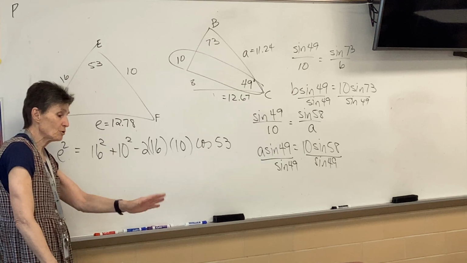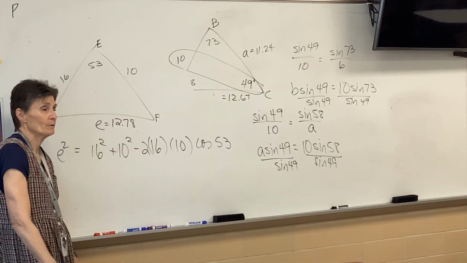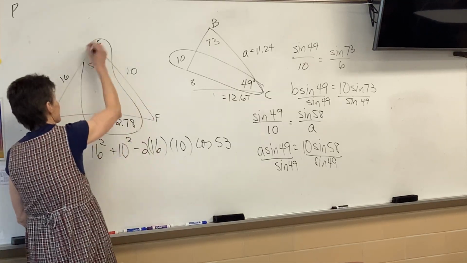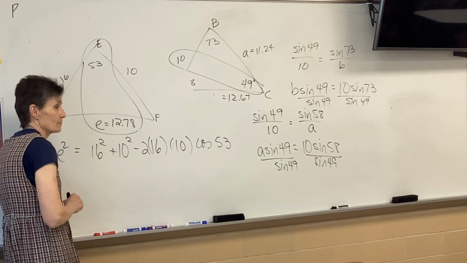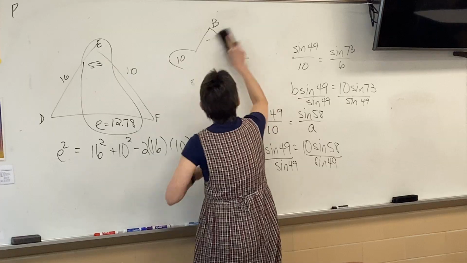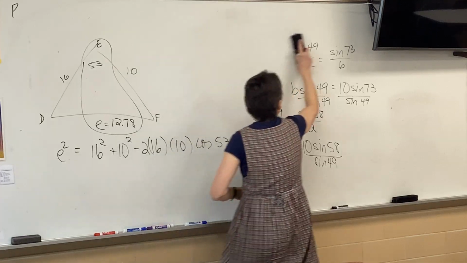All right, but we still got 2 more blanks to fill in, so what do we do? Now we have this, so now we can do the law of sines.